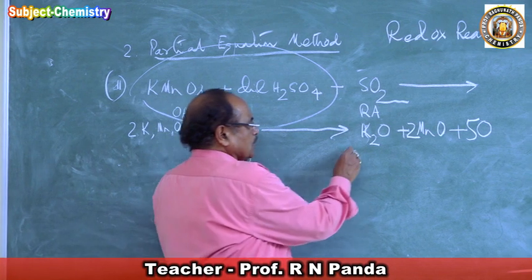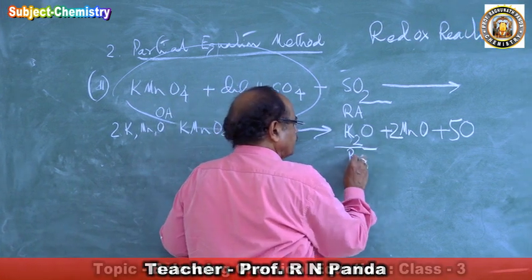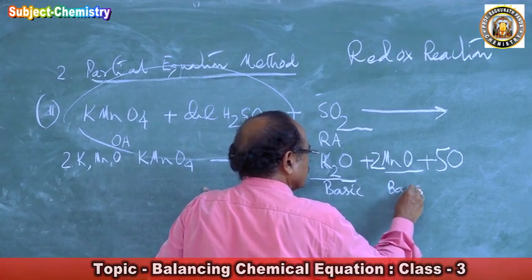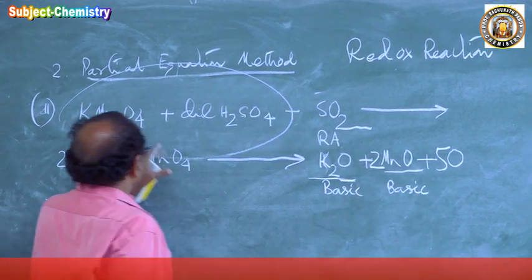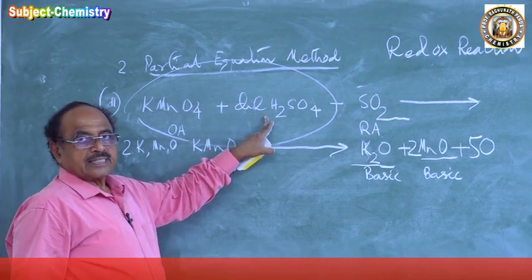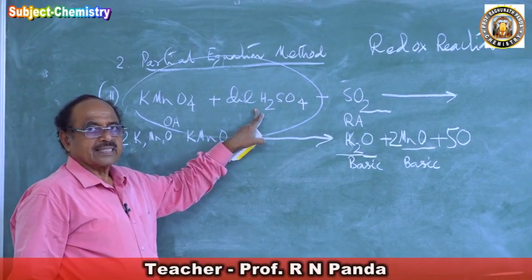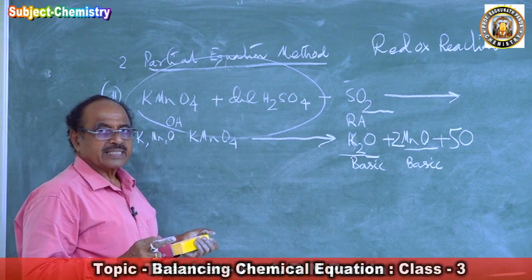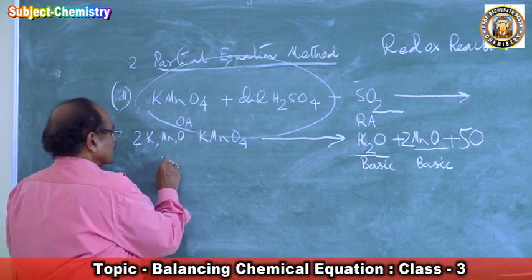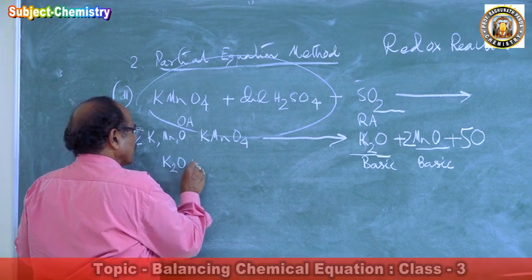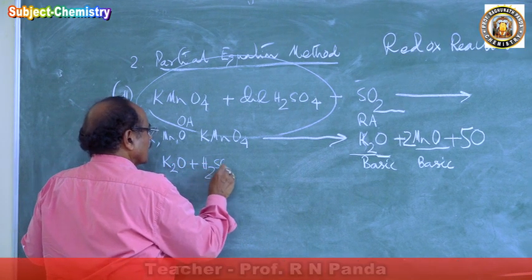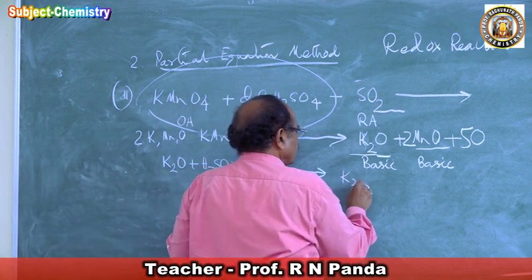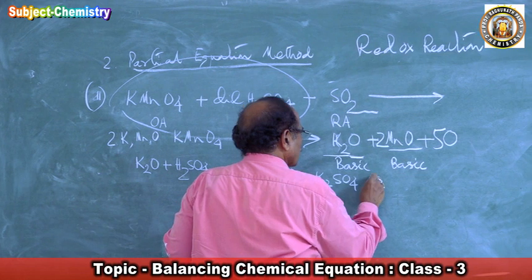Now this potassium oxide, as I told you, is basic, and MnO is basic. And what is there in our medium? Dilute sulfuric acid. Sulfuric acid is a strong acid. So acids react with bases to form salt and water. So K2O will react with H2SO4 to form K2SO4 plus water.